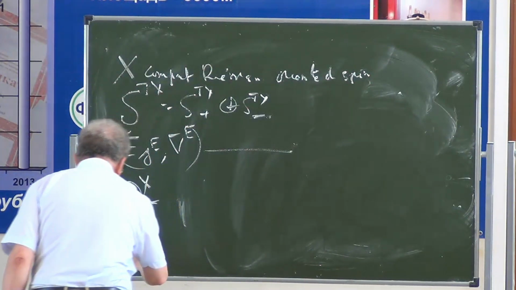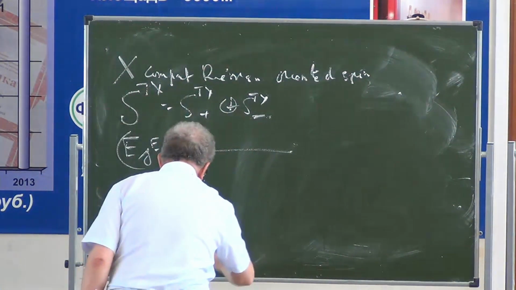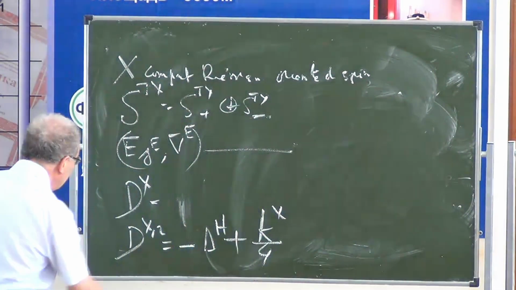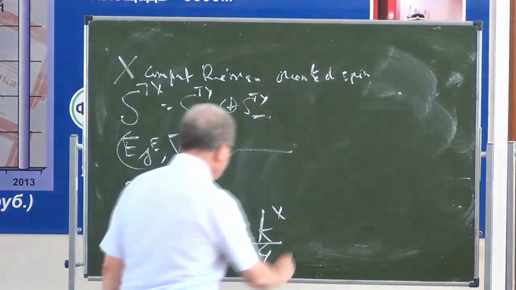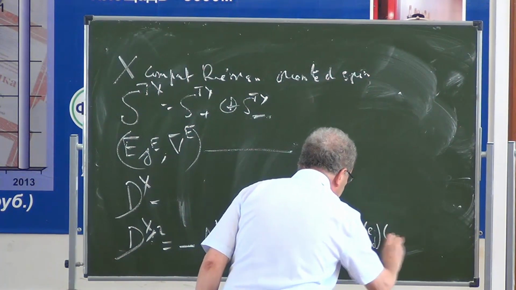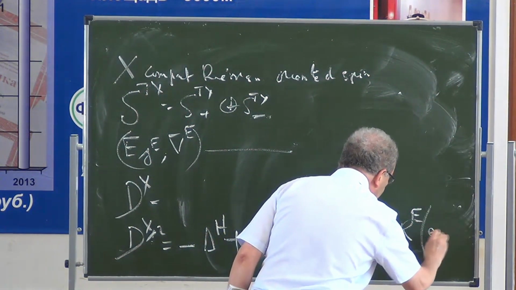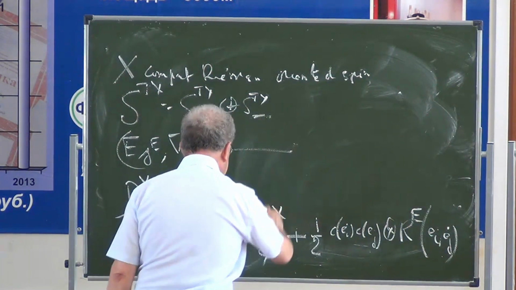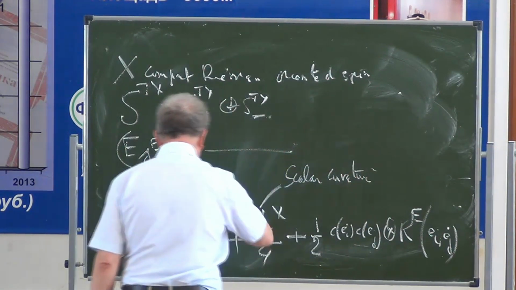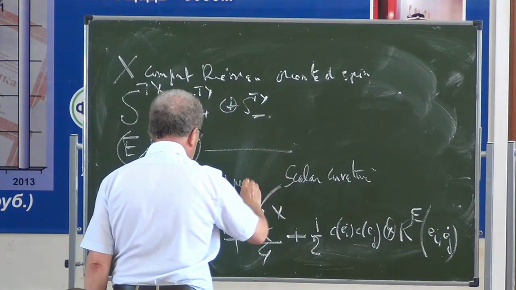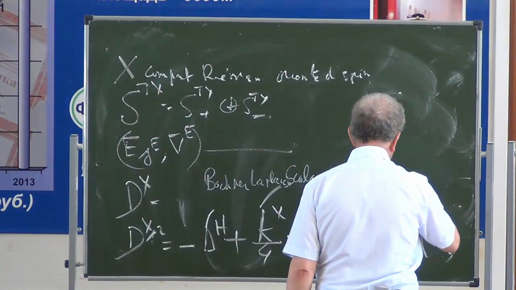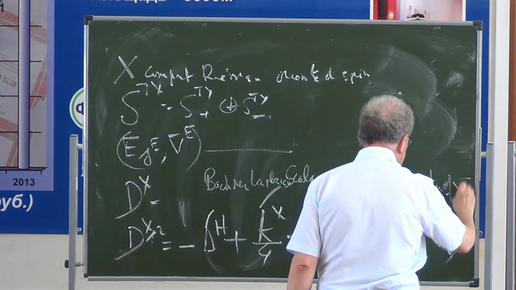Well, I will not define it, and I simply remind you the Lichnerowicz formula, which says that the square of the Dirac operator is given by an explicit formula with c(e_i), c(e_j), tensored with R^E(e_i, e_j), where K^X is the scalar curvature, Delta^H is called the Bochner Laplacian, and R^E is the curvature of nabla^E.